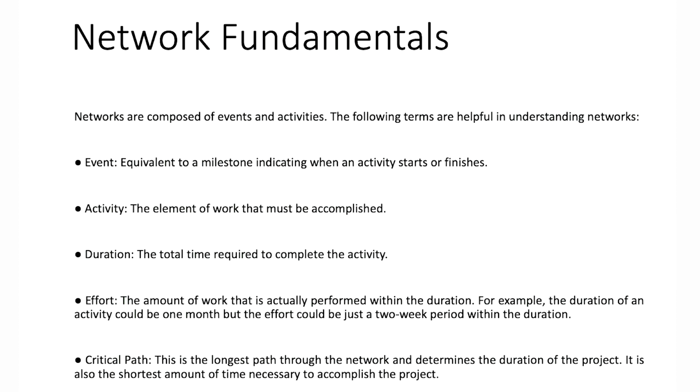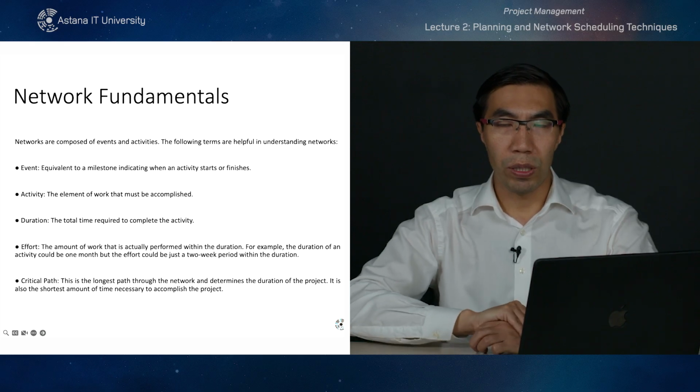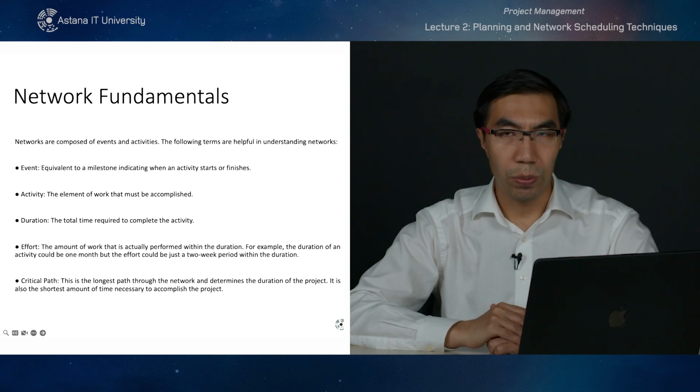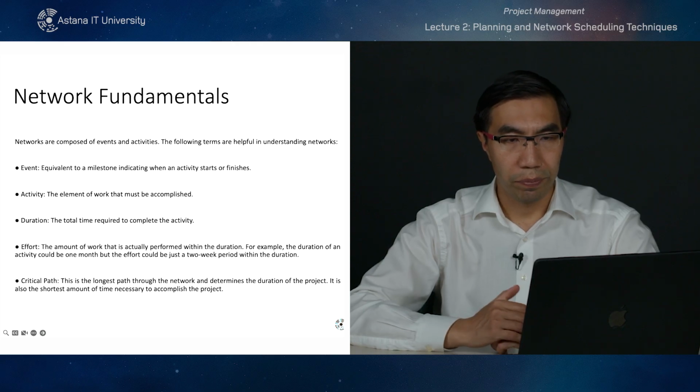Then critical path, which is the longest path through the network and determines the duration of the project. When you are looking at the critical path, you will understand the whole duration of the project, which is the longest path. It is also the shortest amount of time necessary to accomplish the project.